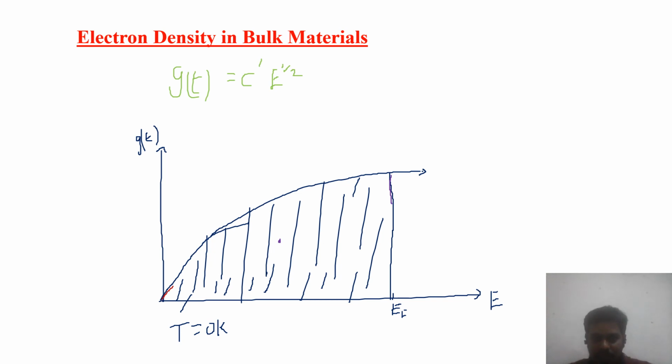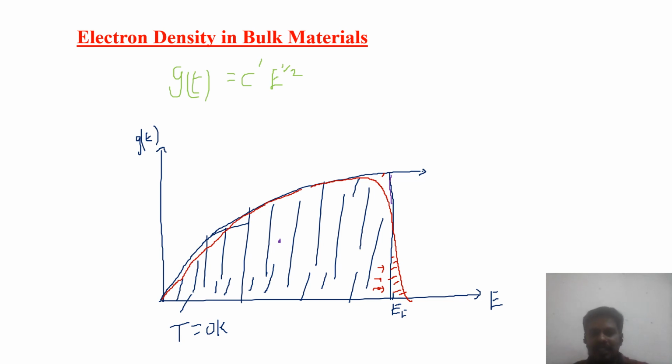So at any finite temperature, the electron deep inside cannot penetrate, but only at the Fermi surface, the electron with the maximum allowed energy can gain energy and occupy some higher energy states. That means there is a small probability of the electron occupying states above the Fermi energy. But which electrons occupy them? At 0 Kelvin, the electrons sitting near the Fermi surface can occupy states near the Fermi energy. Here there are empty states. This is empty. This is occupied states.